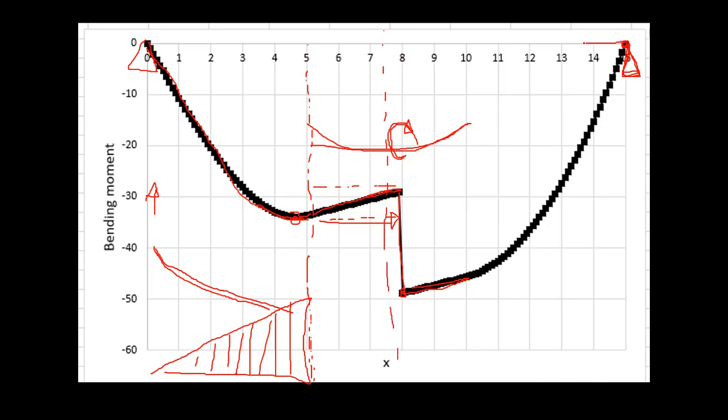So you can come from here. Due to this loading up to 10, the same way, it's going to bend this beam in this way. The load is uniform, so that's why you got a curve like this until 10.